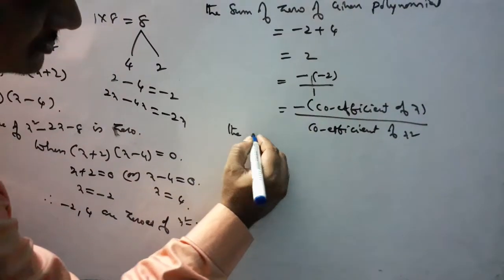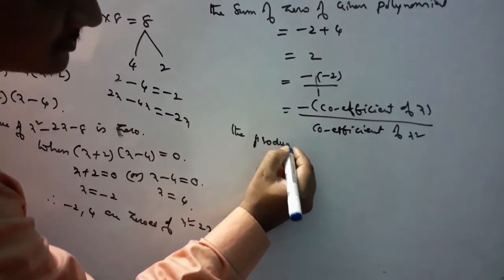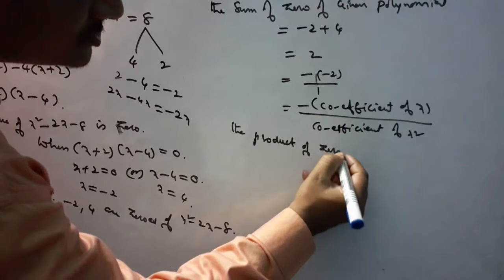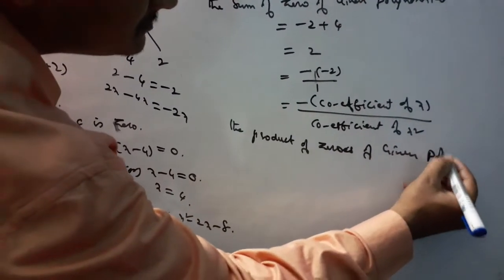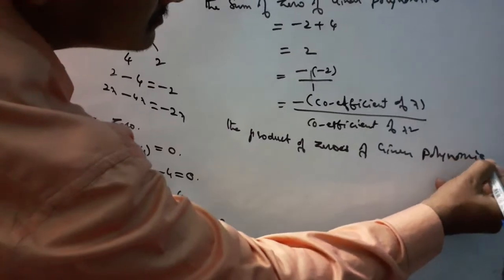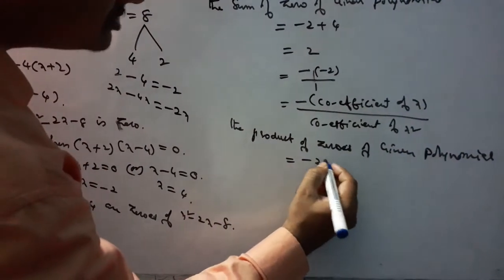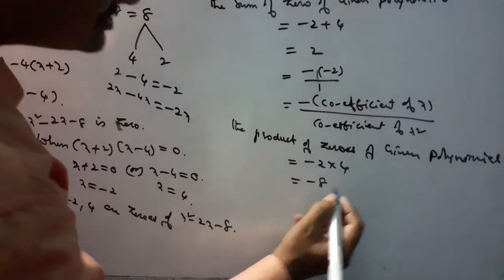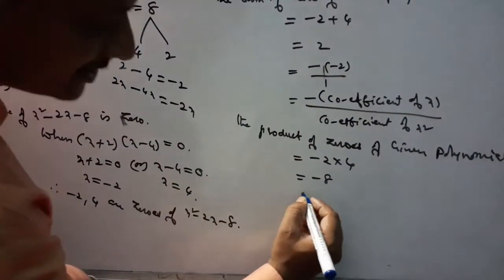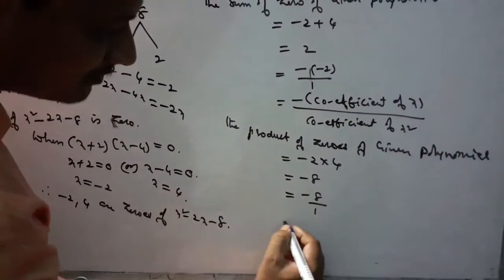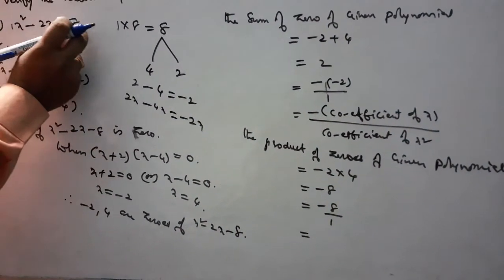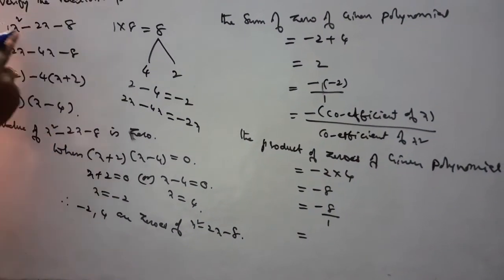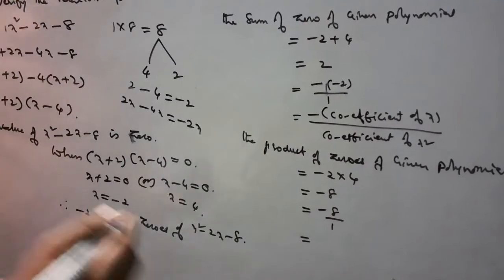Now the product of zeros of the given polynomial, so that is minus 2 into 4, that is minus 8. Minus 8 we can write as minus 8 by 1. Minus 8 is the constant term of the polynomial. 1 is the coefficient of x square.